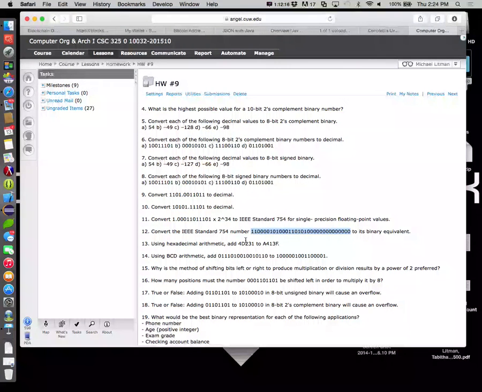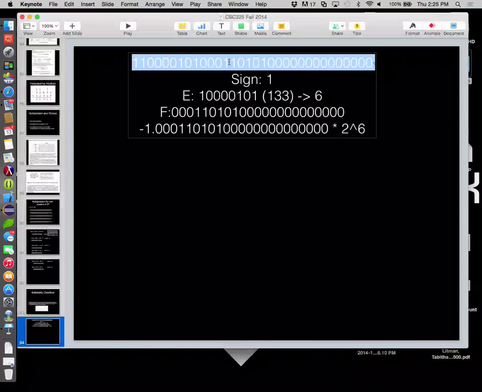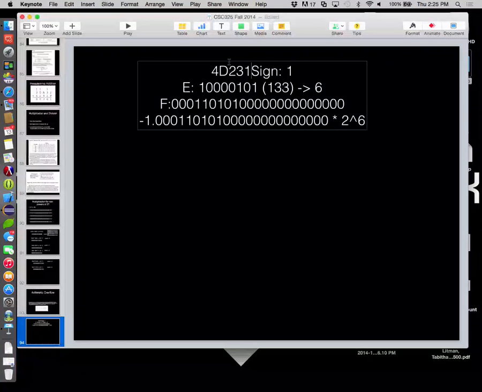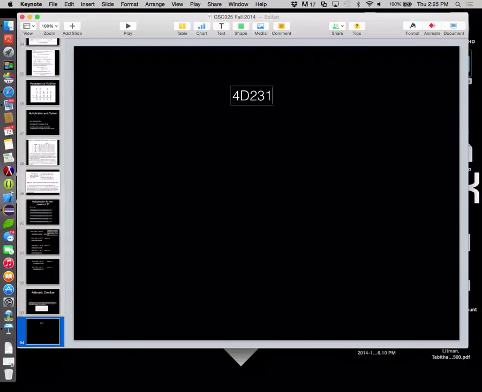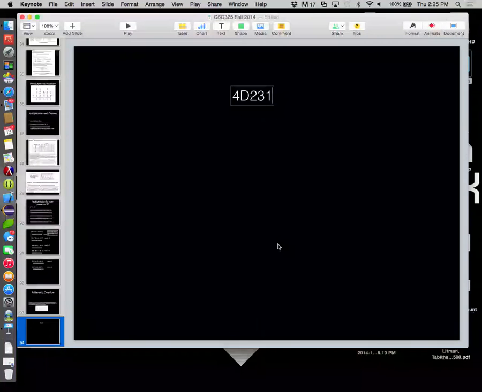All right. So let me at least start this one. Doing some hex math. There's that value. We're adding to it this value. What happened?